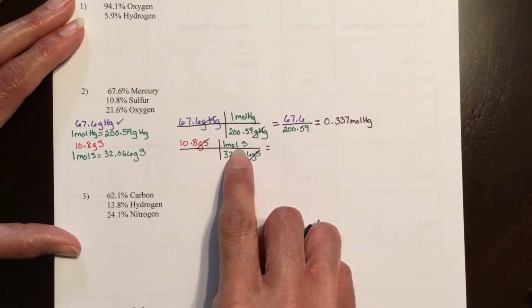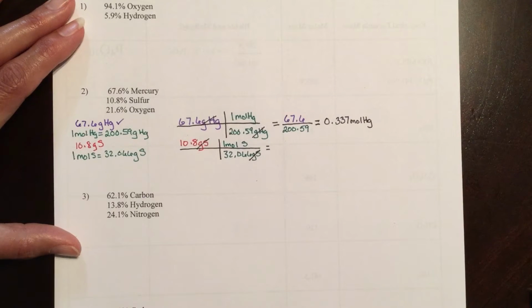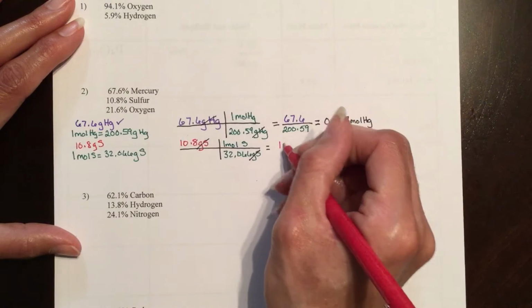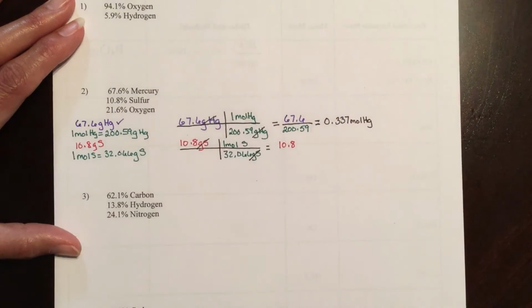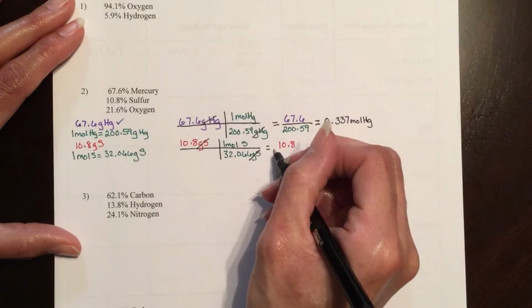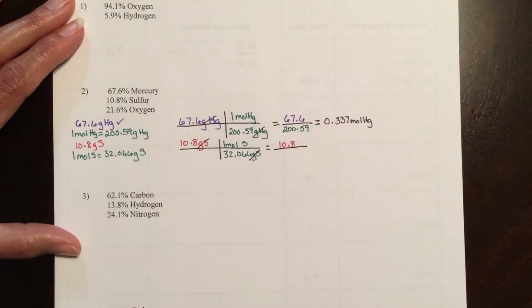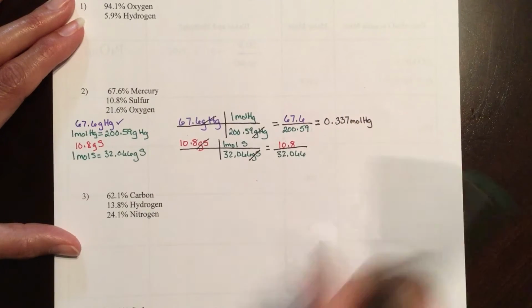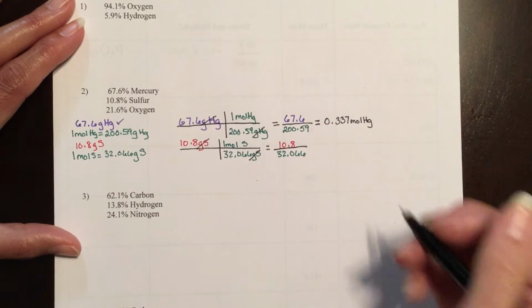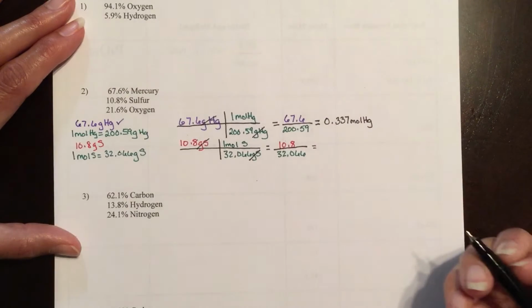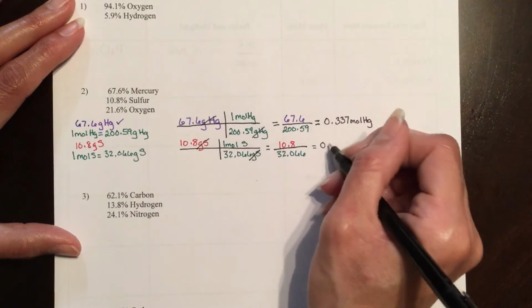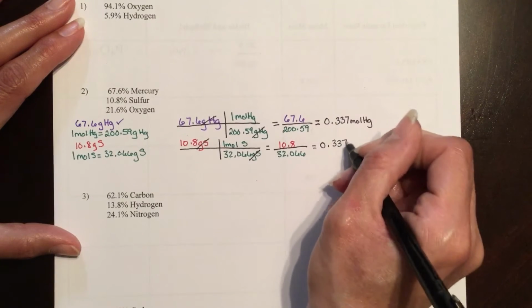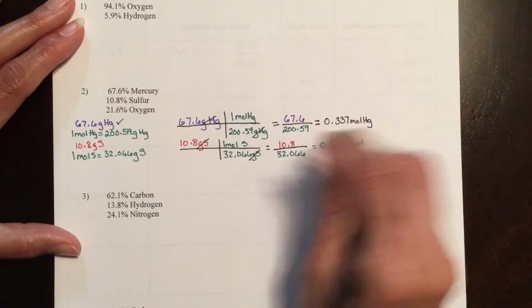I'm left with moles of sulfur, and that's exactly where I want to be. Multiply across the top, so 10.8 times 1 is 10.8. Divide that by the bottom. And again, I'm rounding to the thousandths. And in this case, it's going to be approximately 0.337 moles of sulfur.